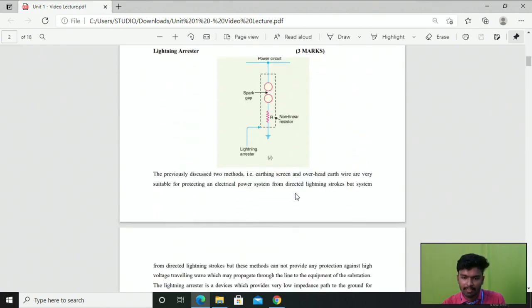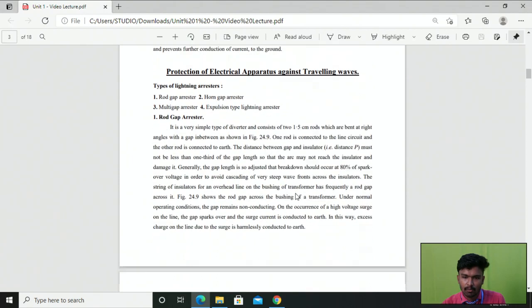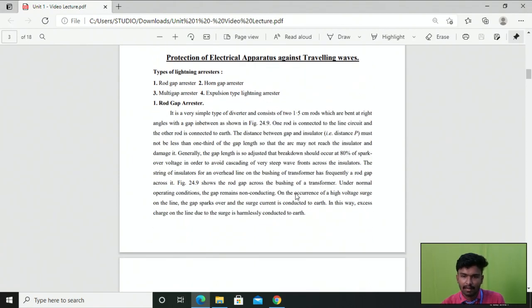So that's all about this topic. The next topic is protection of electrical apparatus against traveling waves. In order to protect the electrical apparatus present in the electrical power system against traveling waves, we need to use some methods, such as lightning arrestors. In the previous topic we discussed three methods.